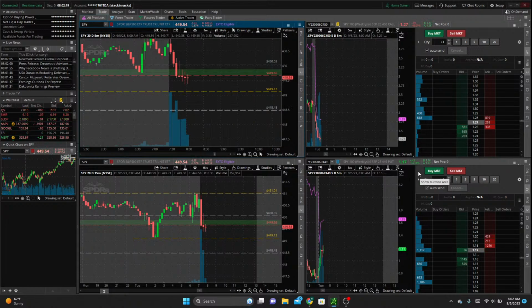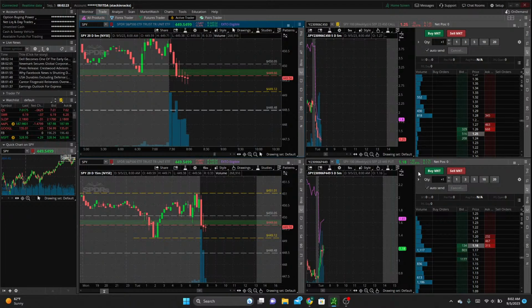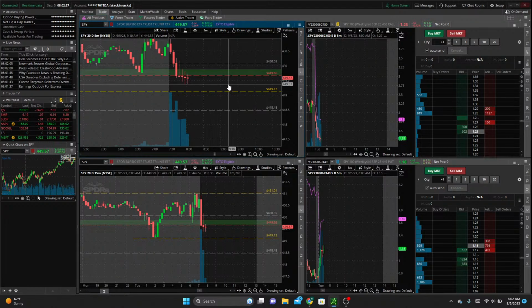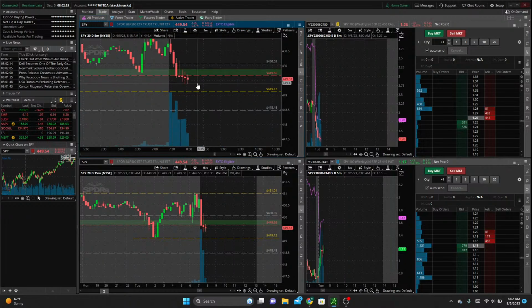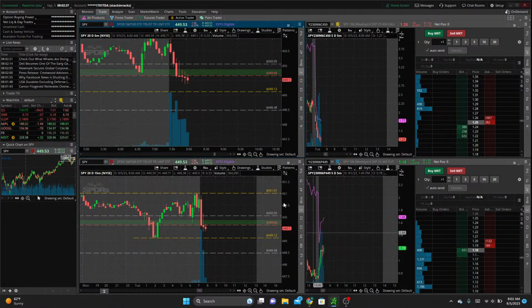So if I can get a good entry, I might take a put and keep it pretty safe with a tighter stop above this zone. We'll see. We're not really getting much price action, so I don't want to just get chopped around.